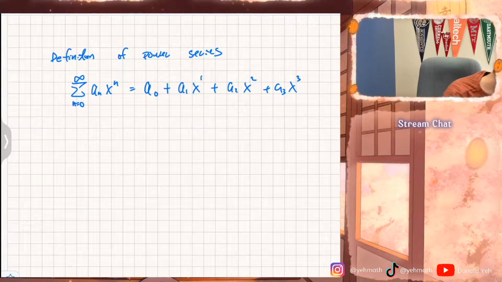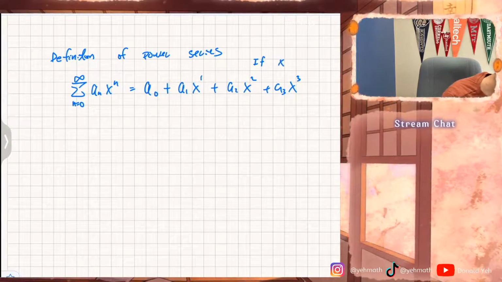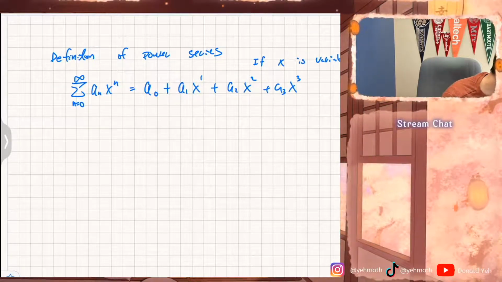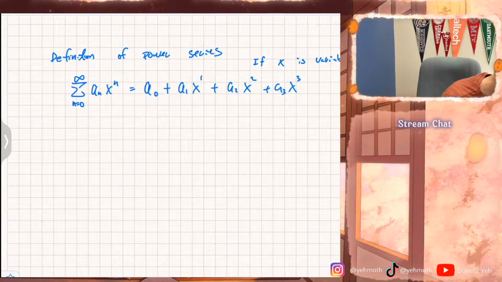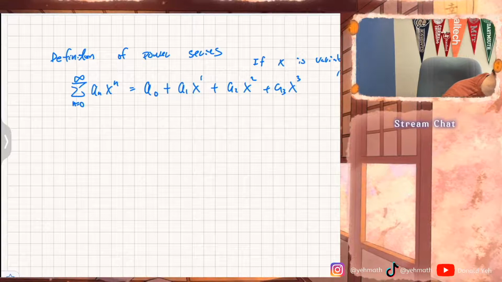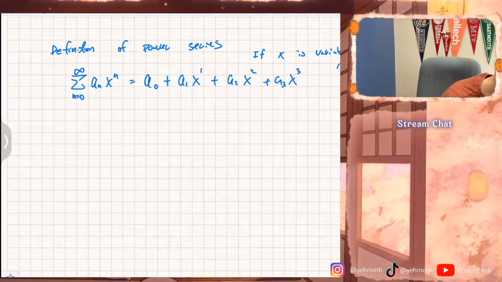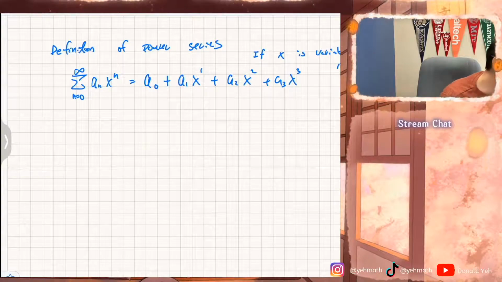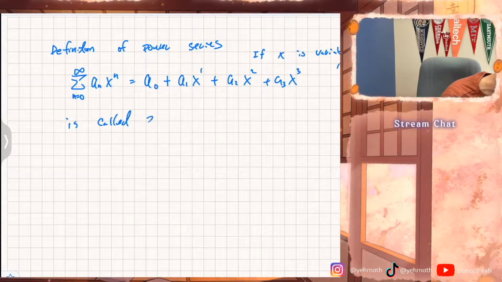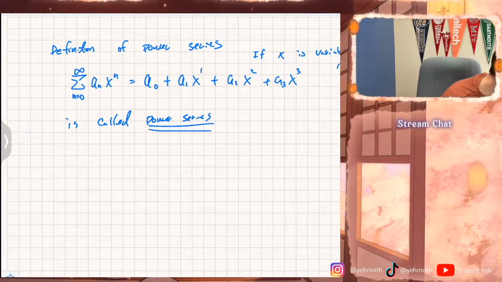So we write here: if x is a variable, then an infinite series of the form looking like this is called a power series, which is a very big deal.